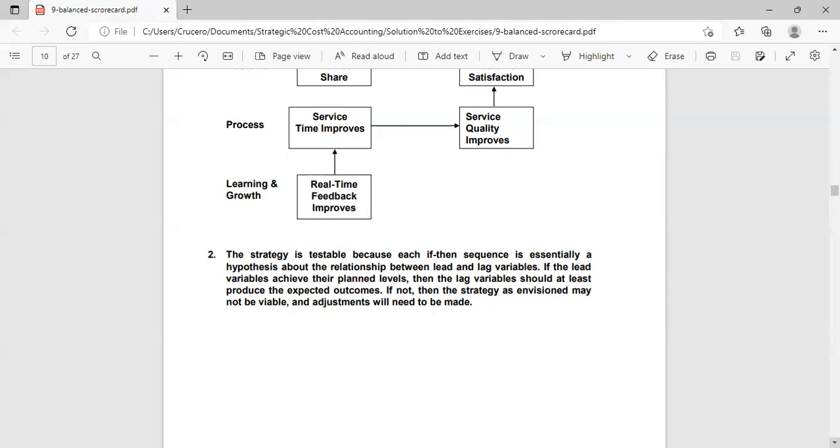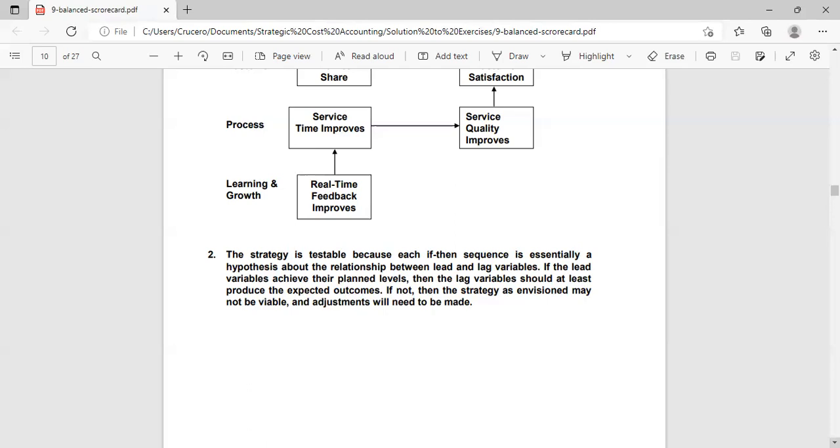So number one, state the revenue growth and cost reduction strategy using a series of cause and effect relationships expressed as if-then statements and illustrate the strategy using a strategy map, and explain how the revenue growth strategy can be tested.